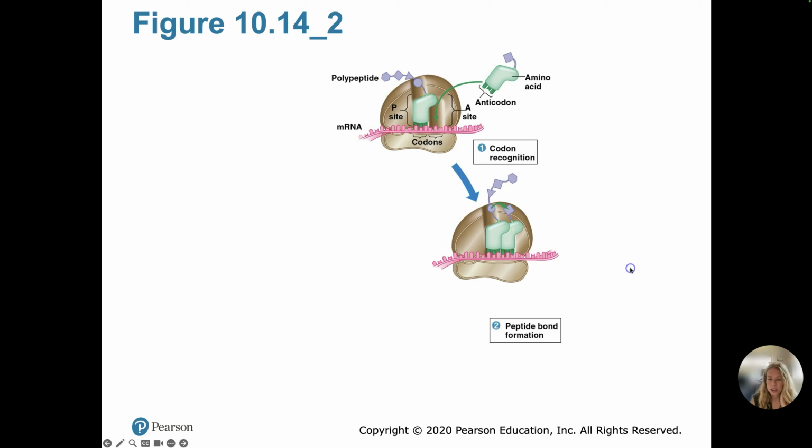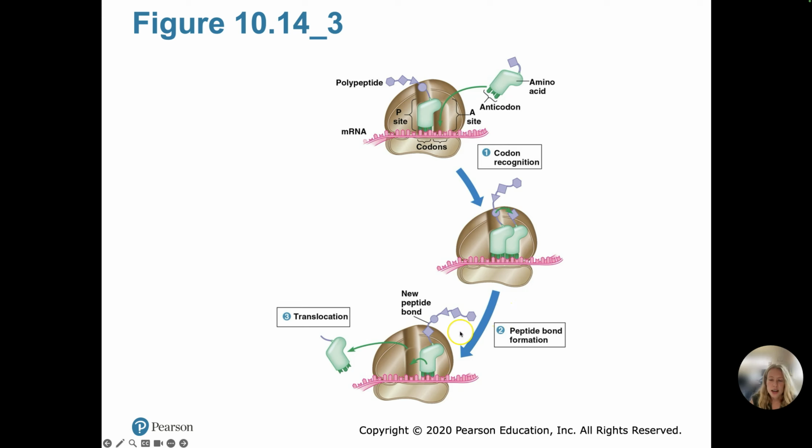The third step, so we see that peptide bond formation going on here. The third step is translocation. So this tRNA that was here that is no longer attached to anything leaves the ribosome. Now we have this tRNA that was holding the square polypeptide attached to the growing polypeptide.